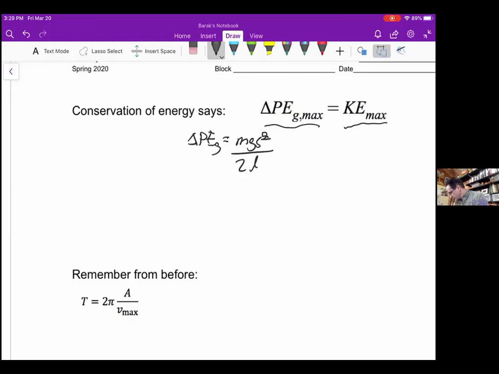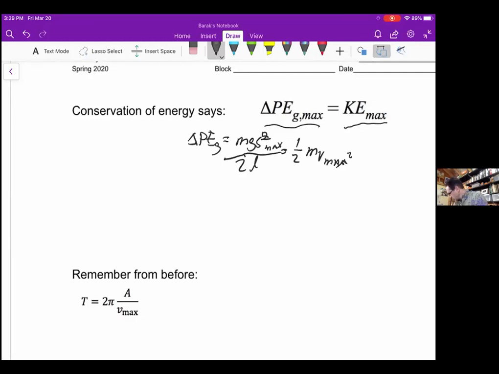And that's equal to 1/2 mv max squared. Okay, and this S is not just any S, this is S max. So mg S max squared over 2L equals 1/2 mv max squared.